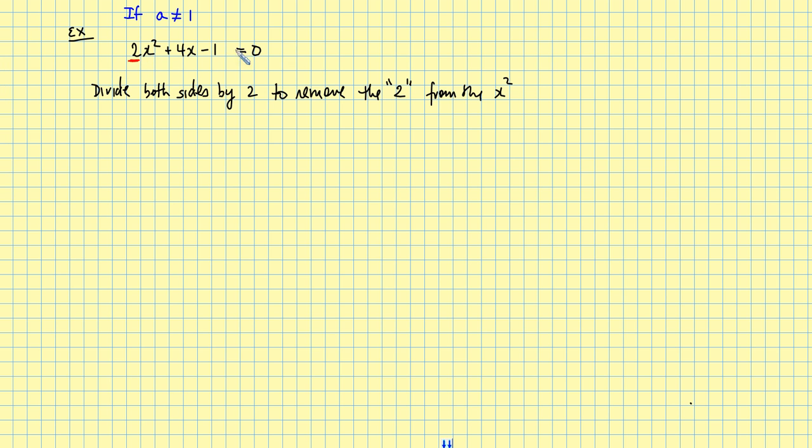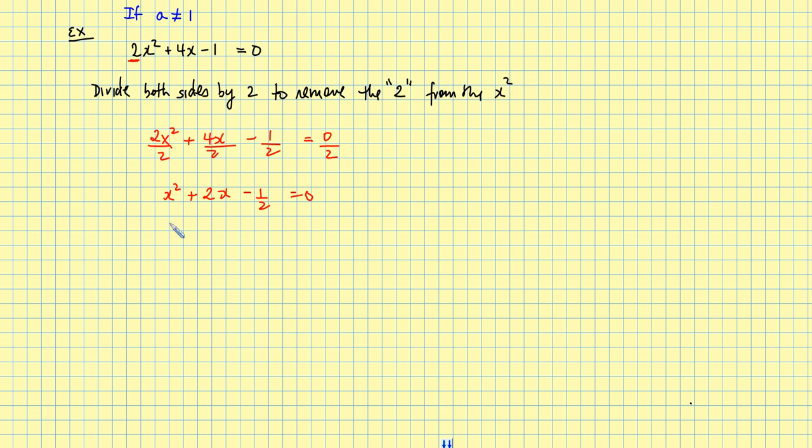So everything gets divided by 2, so that this would go to 2x squared over 2 plus 4x over 2 minus 1 over 2 equals 0 over 2. So that this would go to x squared plus 2x minus 1/2 equals 0. And then I would proceed to solve as I did all the other questions.